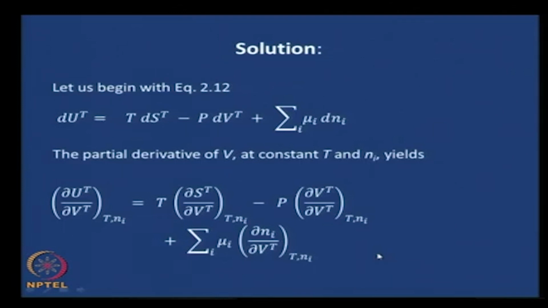Continue further, we are looking at dou Ut dou Vt at constant T, ni. Look at these terms here and see what you could do to get it in terms of measurable quantities. Take another 5 minutes or so.